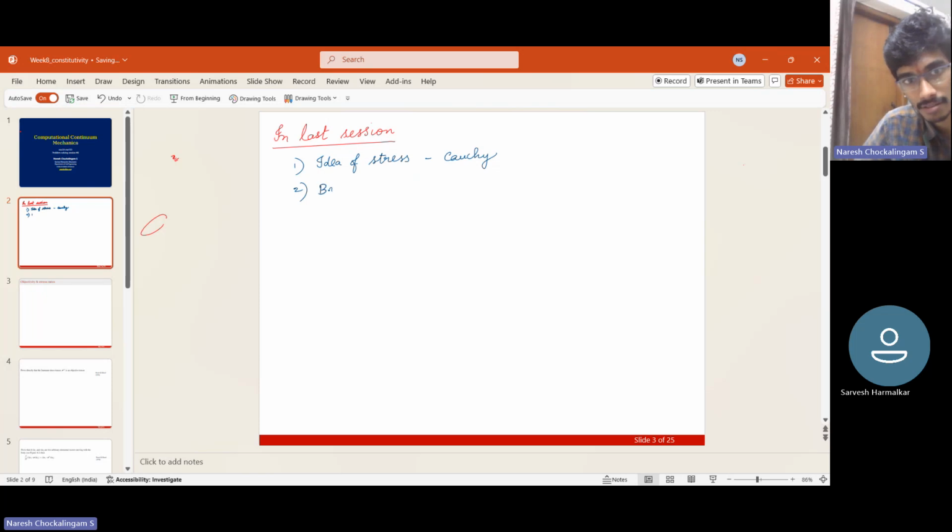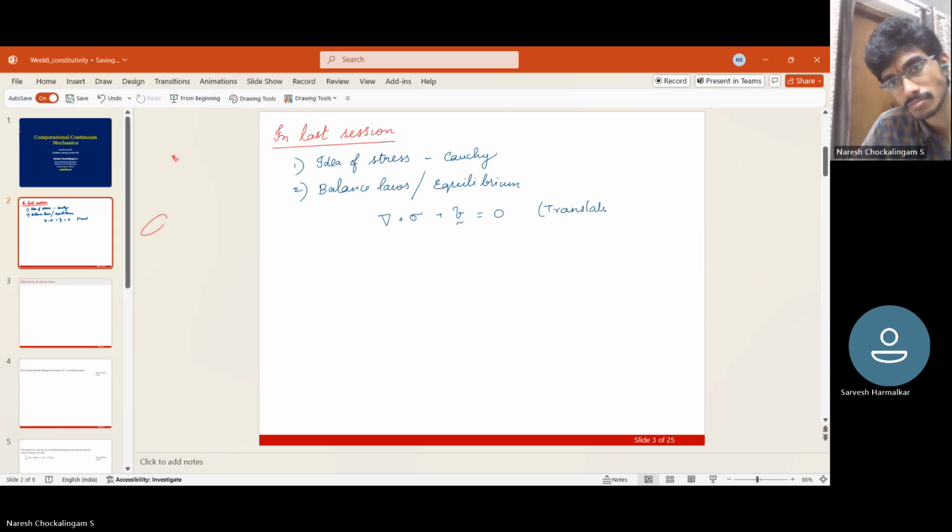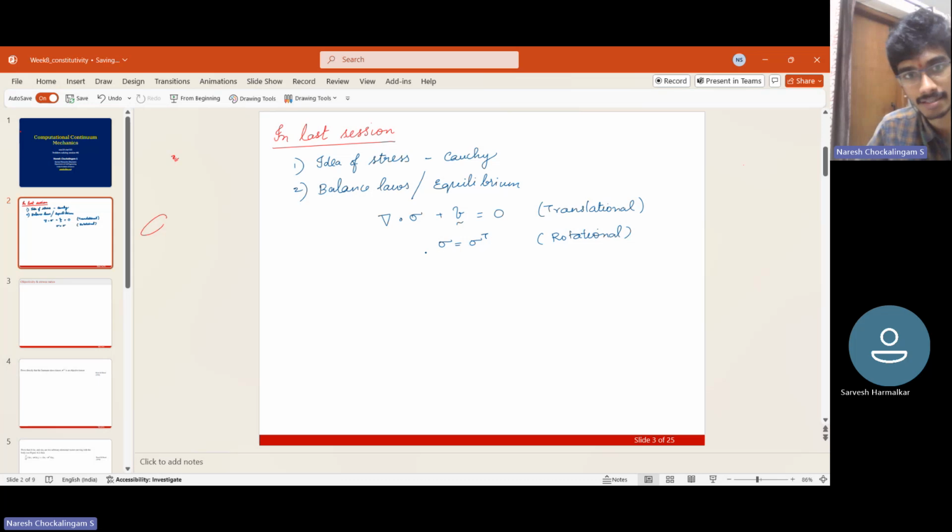Then we looked at balance laws, rather equilibrium. And we saw that for translational equilibrium, the divergence of sigma plus the body force intensity is equal to 0. And for rotational equilibrium, the idea was that the Cauchy stress tensor is symmetric.